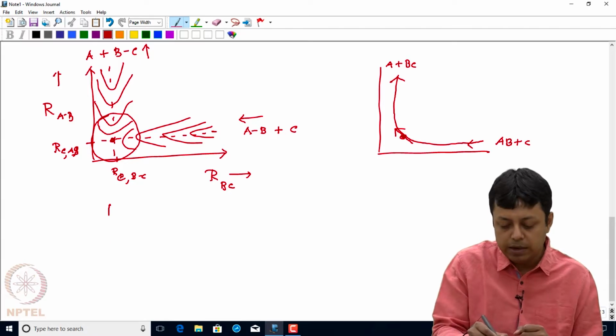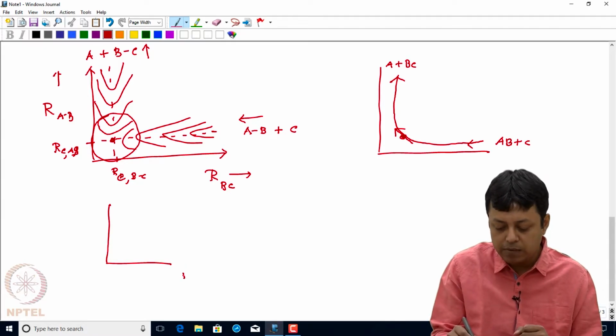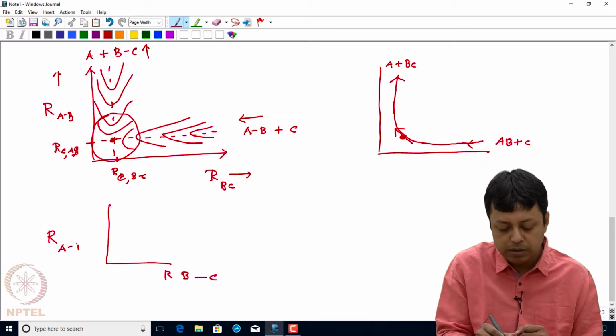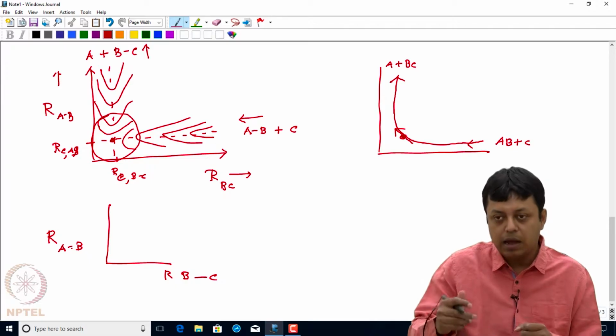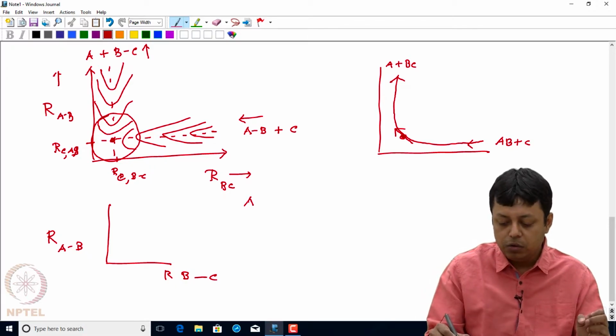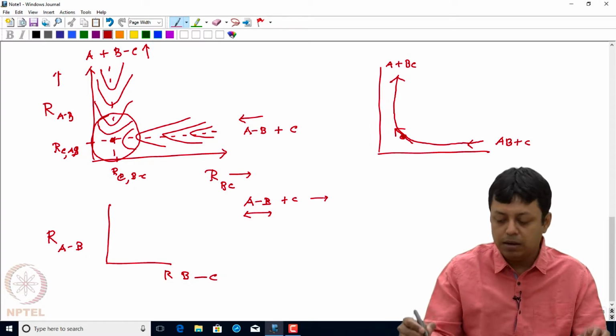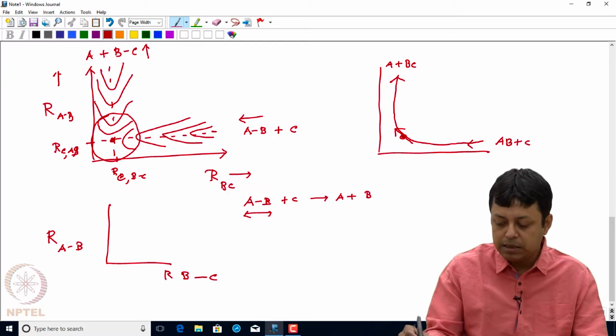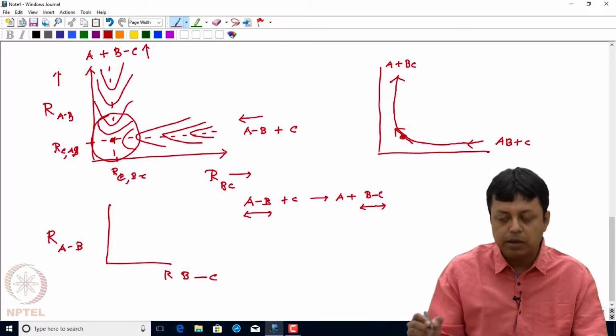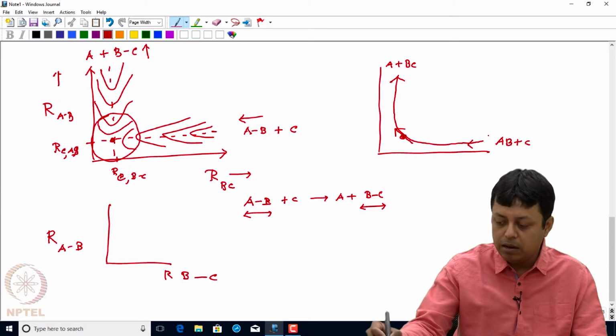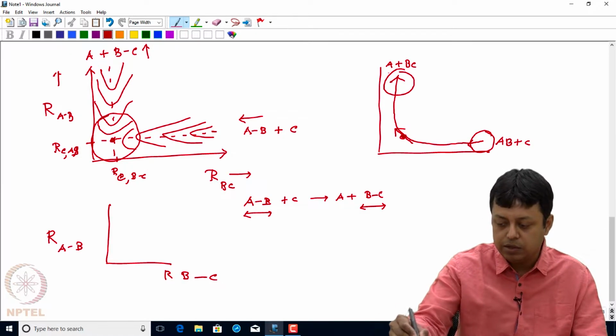Now what are the coordinates here? In the x-axis we have plotted the BC vibration, and in the y-axis we are plotting the AB vibration. So think about it, I had initially two vibrations: the stretching of AB plus C, and in the final product region, A plus BC, the stretching vibration of BC. Those are the vibrations for this zone and this zone.